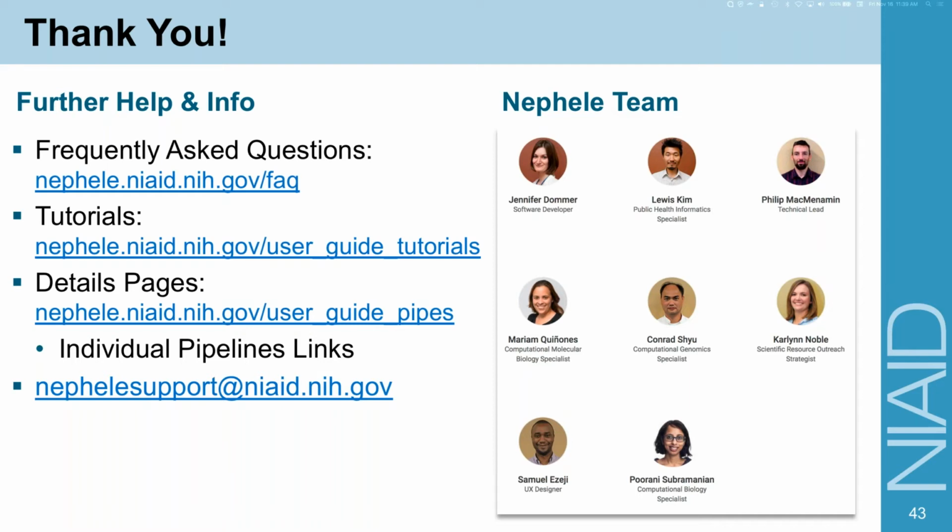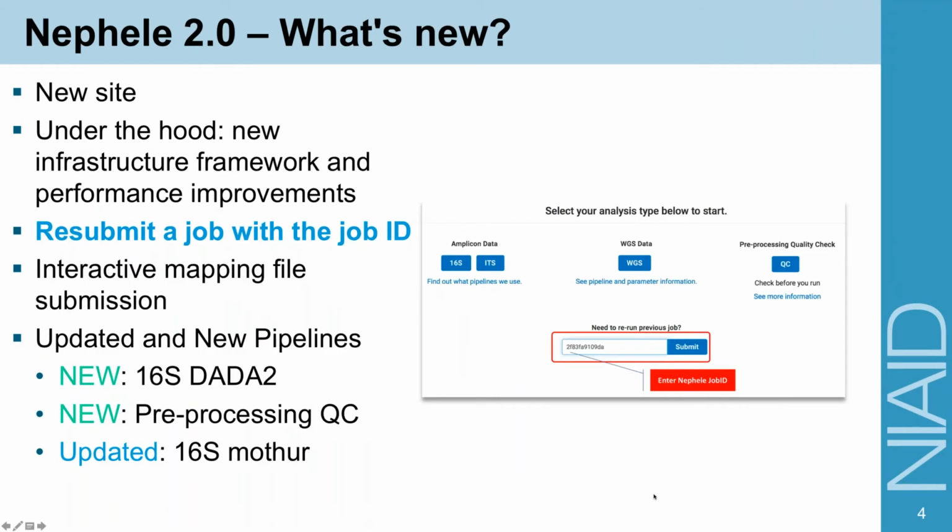The other question, can we edit the metadata or resubmit the metadata with new parameters for reanalysis? I know that you had a slide for that, Ronnie. Maybe you can show it. Yeah, sure. You can, if you use the job resubmission. If you want to reanalyze your data, you can put the job ID in here, and it will ask if you want to change your metadata or not.